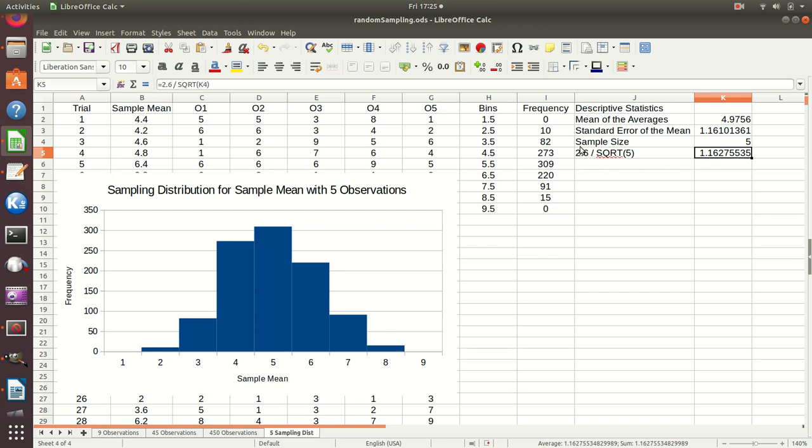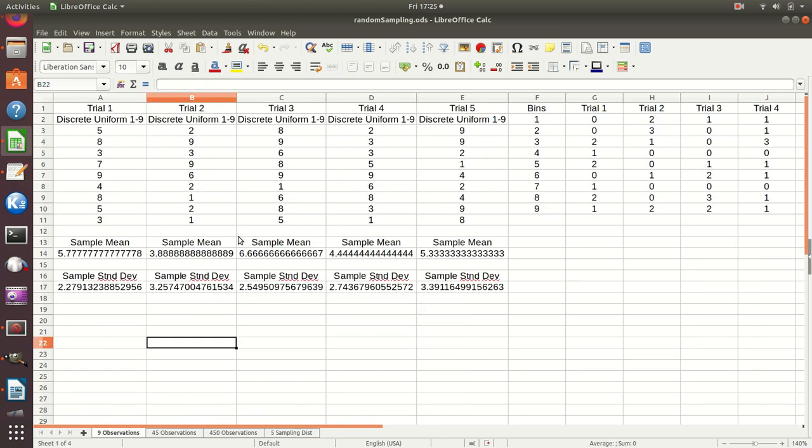I say more exact because I don't know if 2.6 is truly the standard deviation of, for instance, all of these, our population of 1s through 9. But notice here, as you look at the standard deviations, if I were to tell you that the theoretical standard deviation is 2.6 for the whole population, then getting these in here, that looks reasonable.